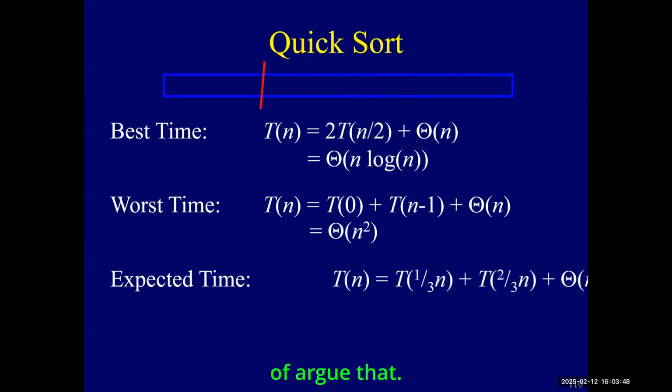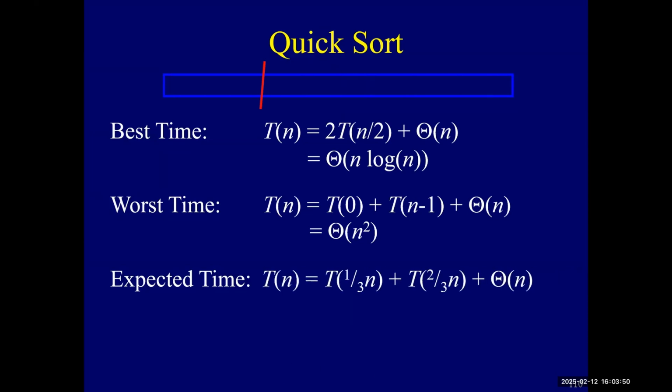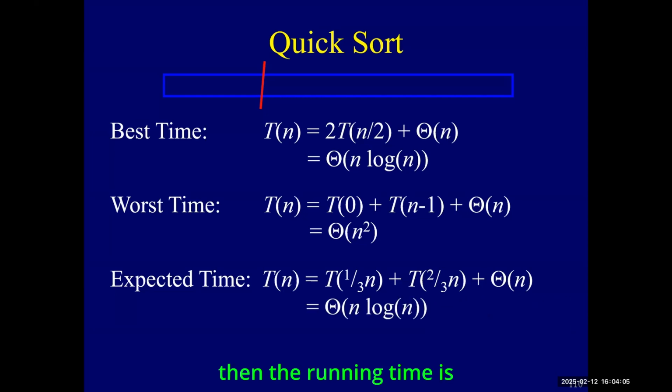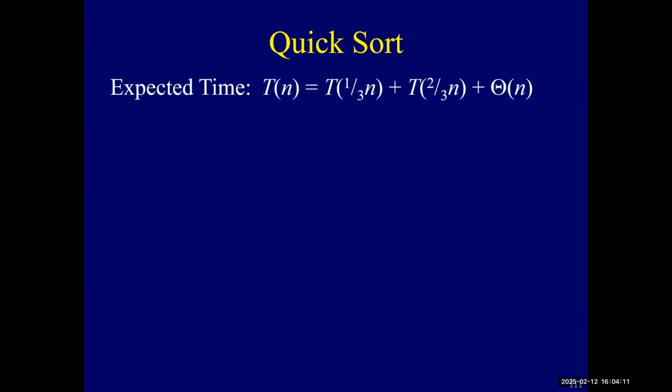And you can argue that it's more likely it's not going to be half-half, but the small side would be something like a third or a quarter, and then the running time is still n log n. So that motivates grabbing a random pivot.